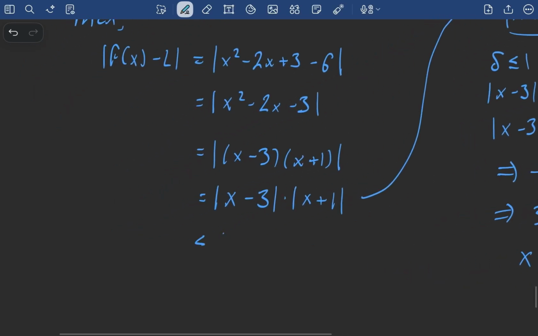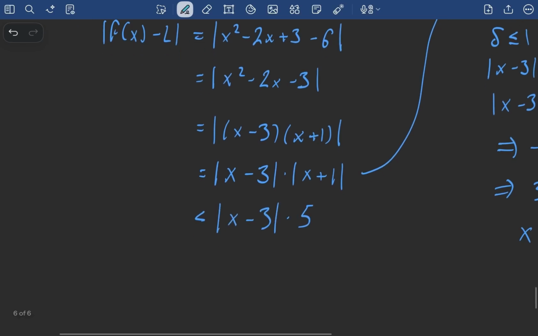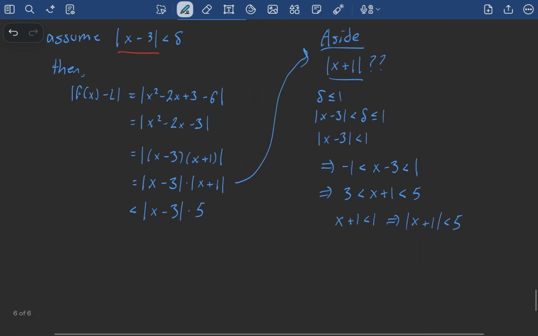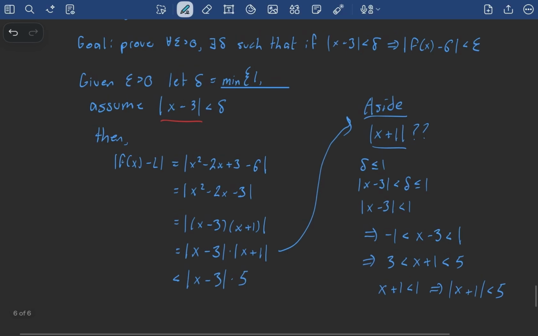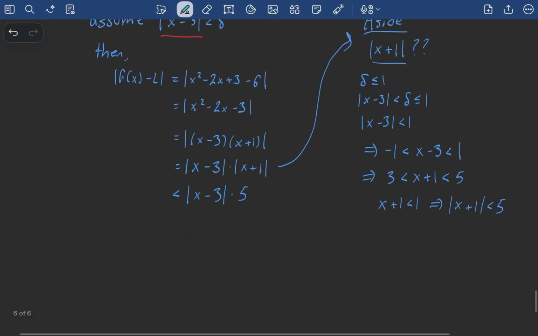Because now we know that this is less than the absolute value of x minus 3 times 5, because we just showed that the absolute value of x plus 1 is less than 5. And look at how far we've come now. We're left with the absolute value of x minus 3, which we have directly compared to delta, just multiplied by a constant.